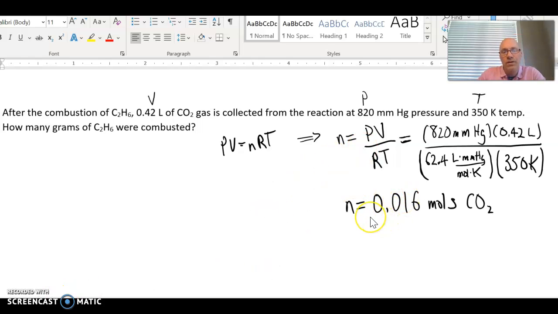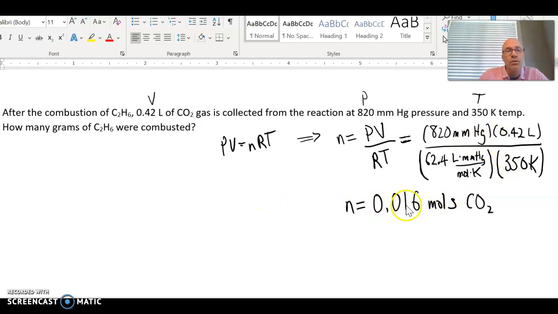From the ideal gas equation, we would have this number of moles of carbon dioxide. Notice that I've rounded it to two significant figures, and the reason for that is if you look at the numbers going in, that would be the one with the fewest number of sig figs.